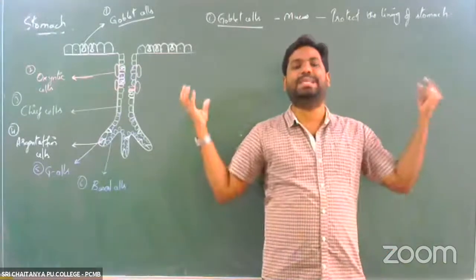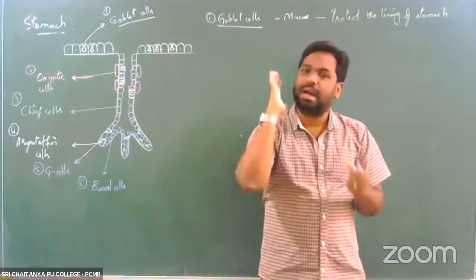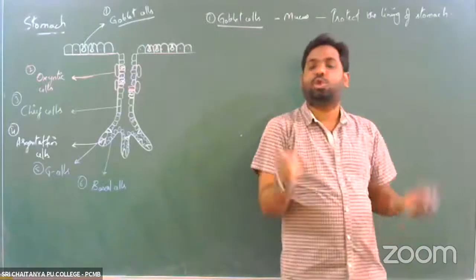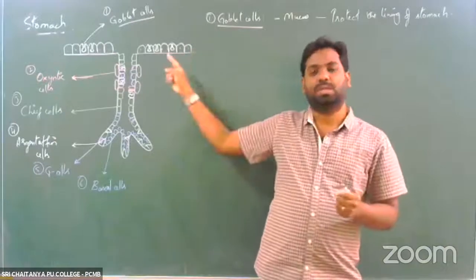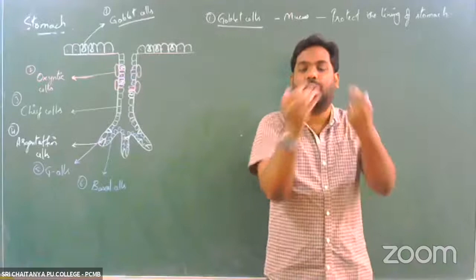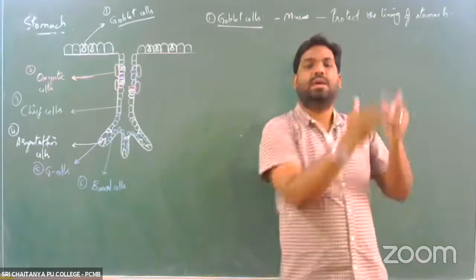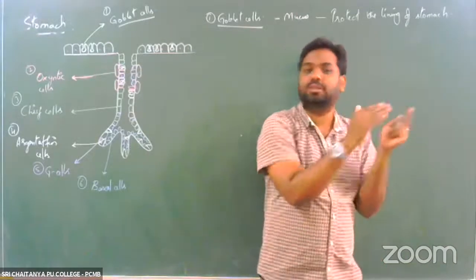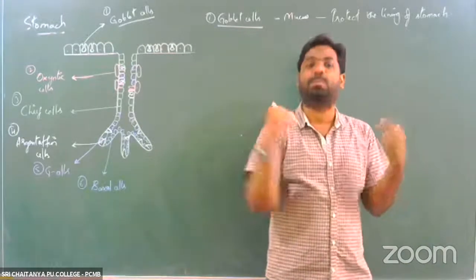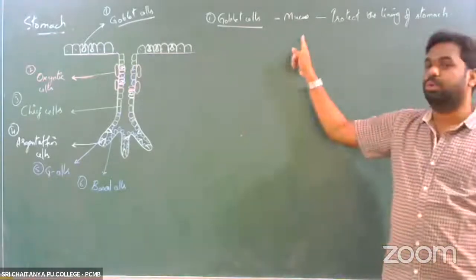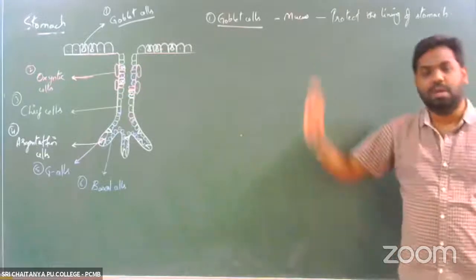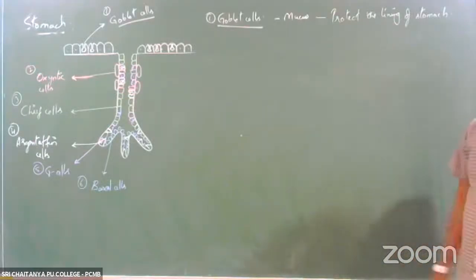As and when HCl is secreted in the stomach, there are 100% chances that this HCl will start damaging the lining of the stomach. To prevent that, there is mucus being secreted. This mucus acts as a thick wall around the lining of the stomach, such that the HCl is not able to act on the stomach wall, so that the stomach wall is highly protected. So goblet cells secrete mucus, and the function of mucus is to protect the lining of the stomach.